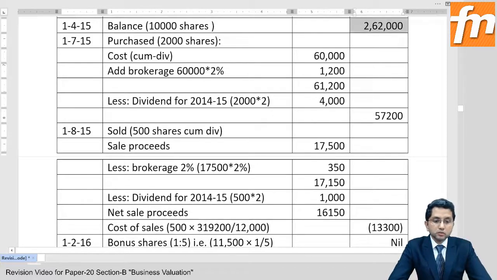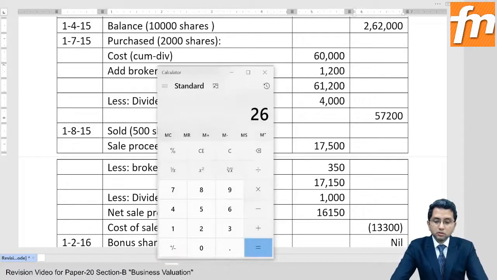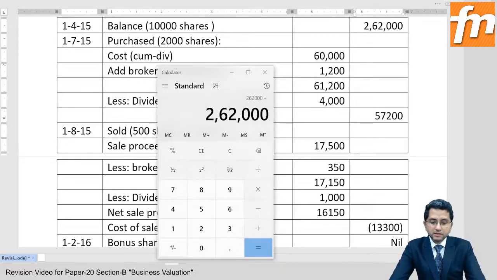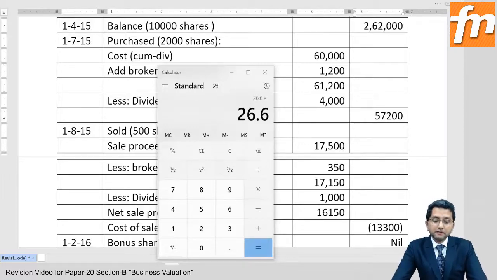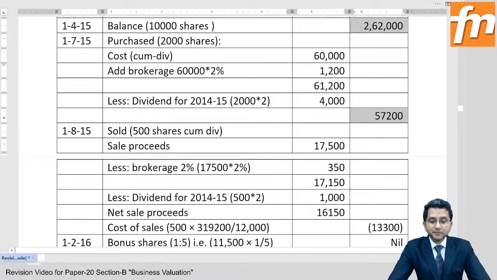So it's 2,62,000 plus 57,200, that is 3,19,200 divided by 12,000 shares, 26.6 rupees multiplied by 500 shares sold, 13,300.